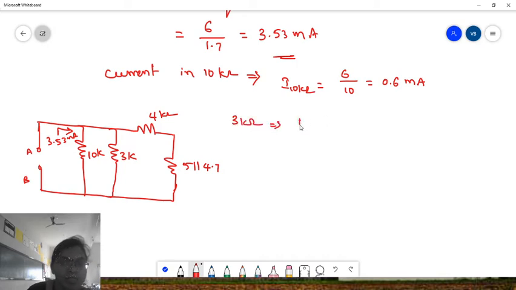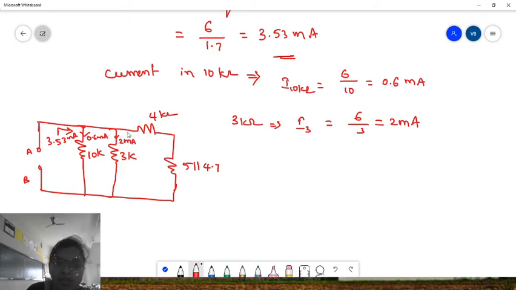So current across the 3 kilo ohm, that is I3, is equal to 6 by 3 kilo ohm, that is 2 milliamps. Okay, so here you observe this total 3.53 current is divided into 0.6 milliamps in the 10 kilo ohm, 2 milliamps in the 3 kilo ohms.